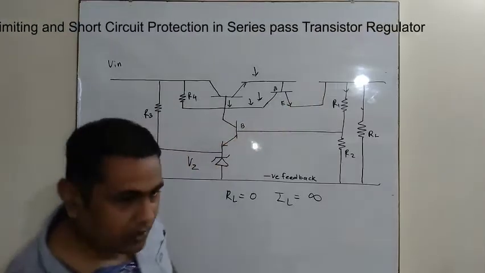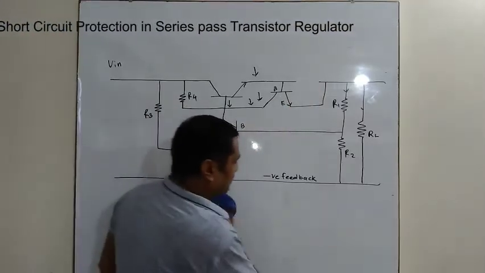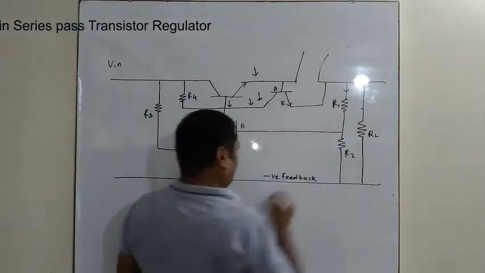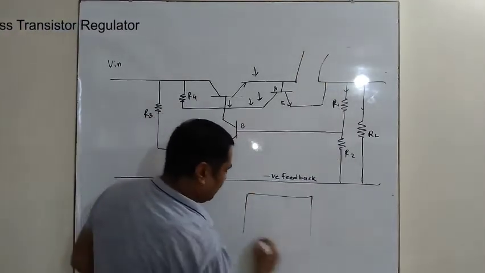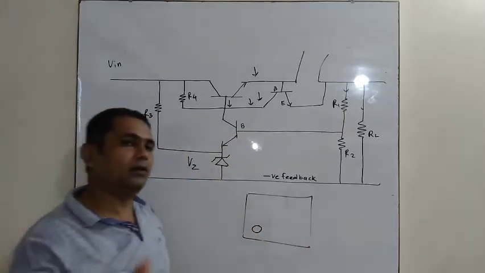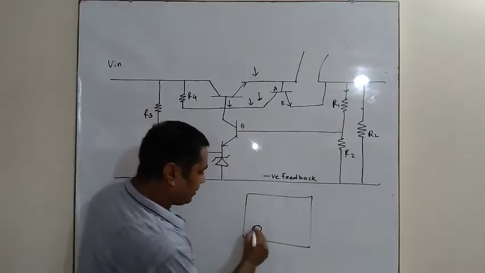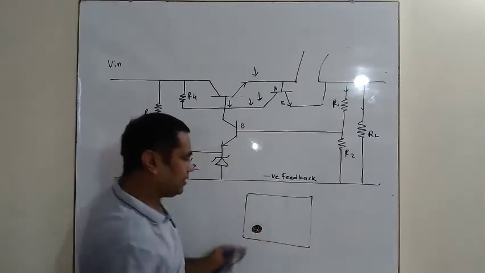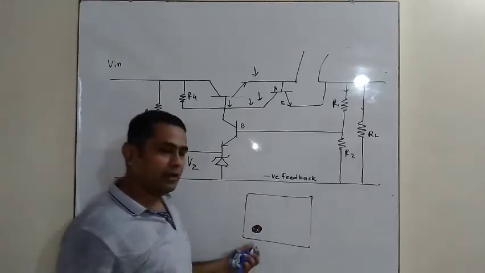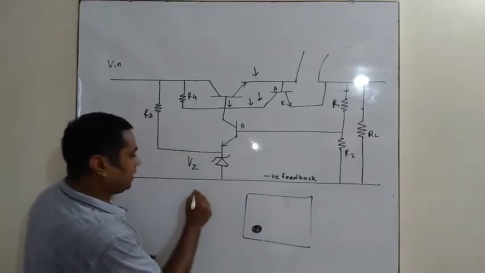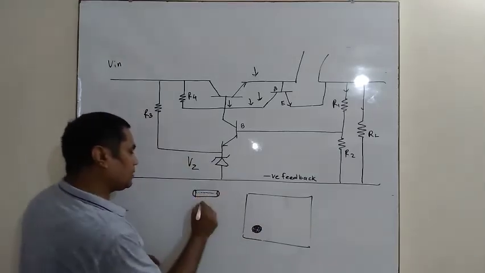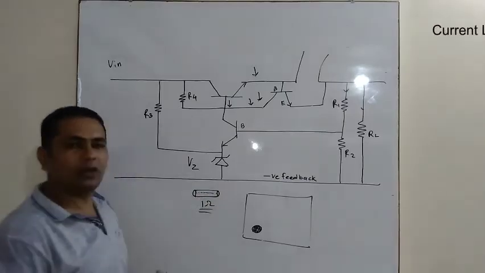So in the regulator circuit or in the power supply, these resistor terminals are connected as a fuse at the back end. You might have seen a regulated power supply. A red color knob is there, which we can remove by unscrewing, and inside it a fuse wire is used like this, and this fuse has a resistance of, suppose, 1 ohm.